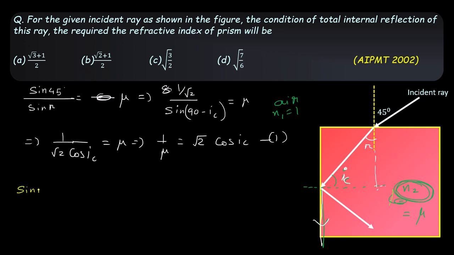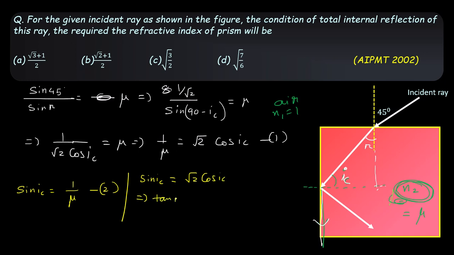Now let me write down the value of the critical angle. Sine of IC is equal to 1 by mu. So comparing equation 1 and equation 2, what will it give me? It will give me sine of IC equal to square root of 2 cos of IC.